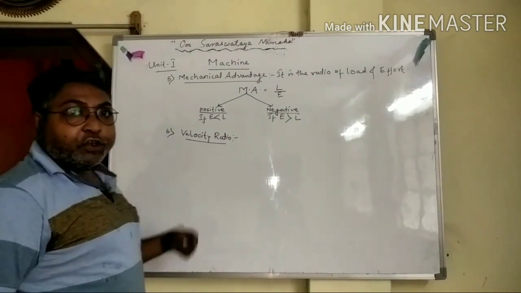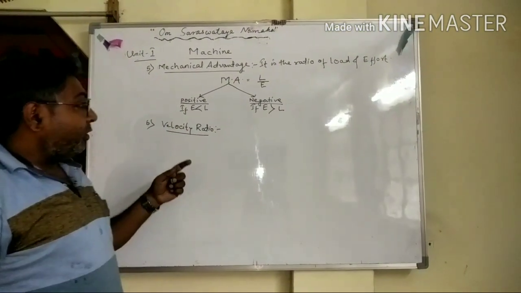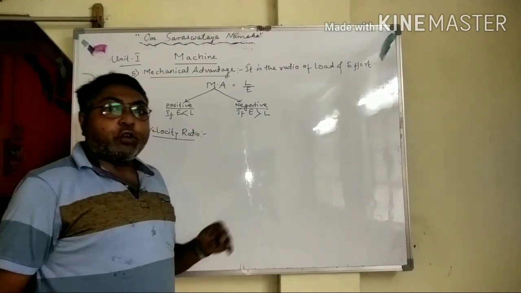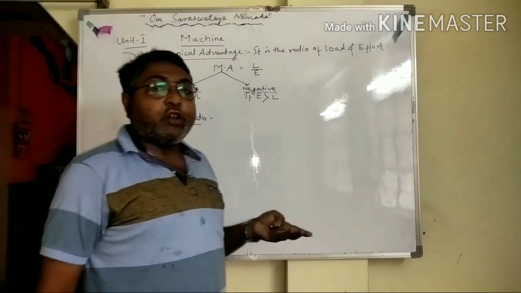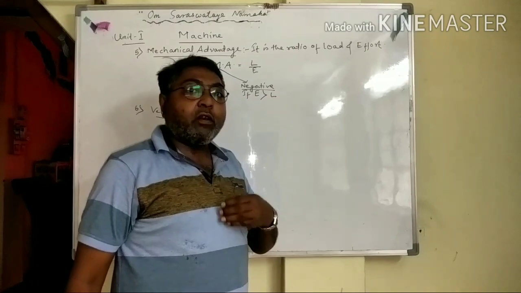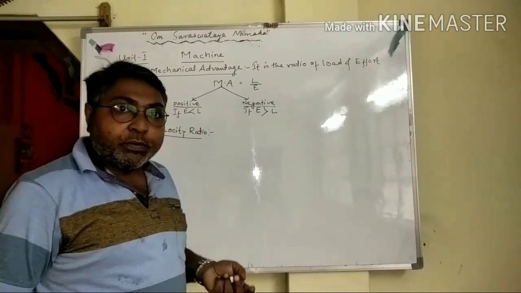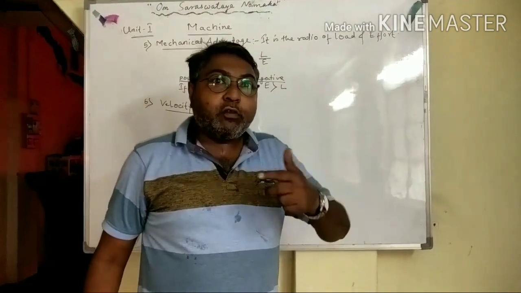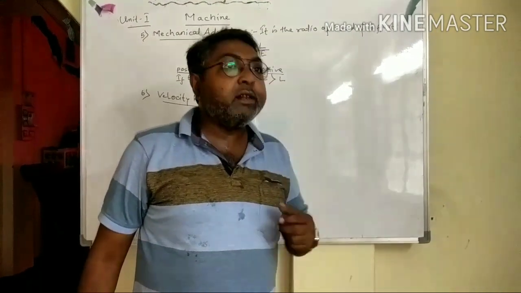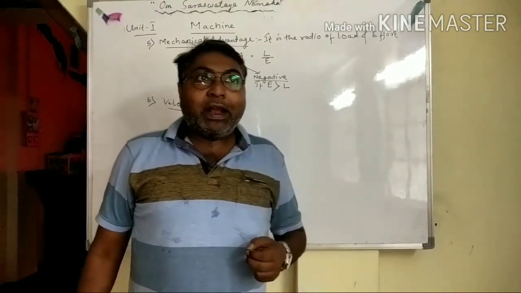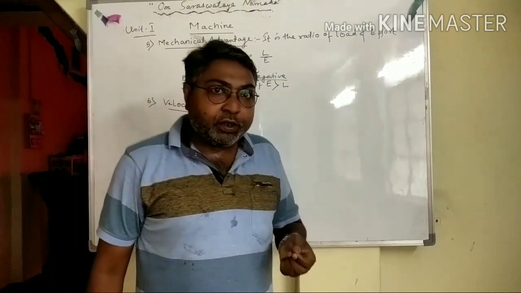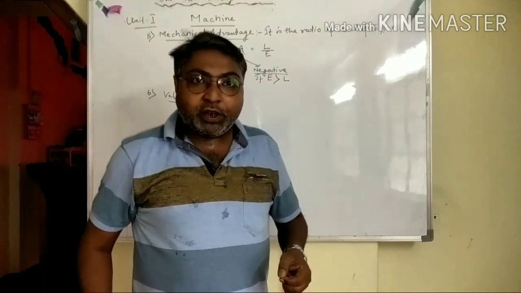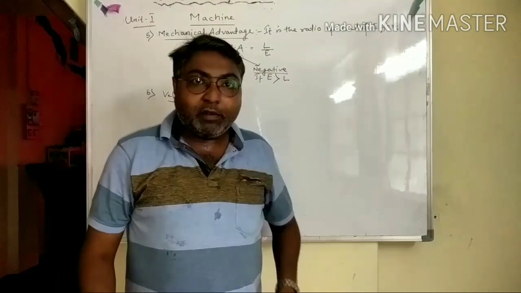What is velocity ratio? Velocity ratio is equal to the ratio of velocity of effort to the velocity of load. What is the meaning of this? When you apply an effort on a machine, obviously with a certain speed you have applied.